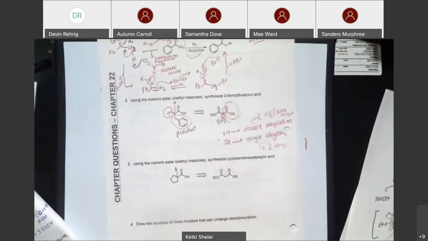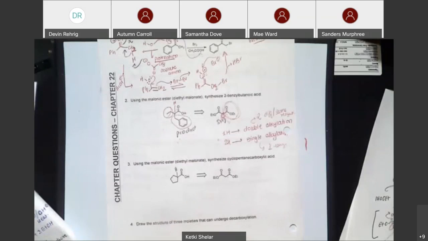So whenever a compound has one hydrogen, what kind of alkylation would it be? We just discussed. Will it be double or will it be single? Online students, you want to answer whether it will be double or single alkylation? Please send a message on WebEx. We just discussed it now.